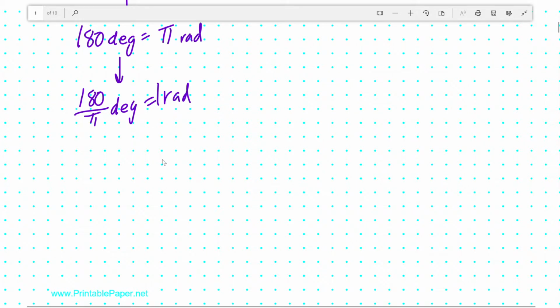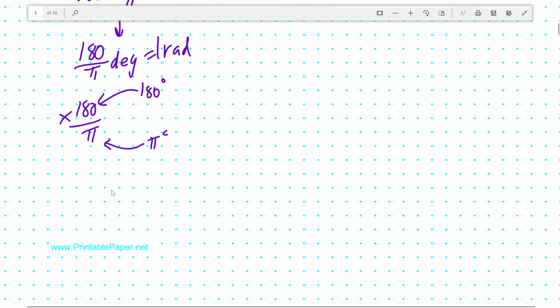So to get the number of degrees from the number of radians, you multiply by 180 over pi, because 180 degrees are in pi radians. To give you some context, 1 radian is about this angle.